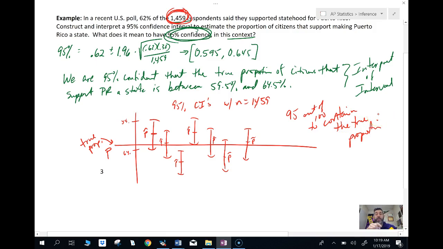And that's essentially what 95% confidence means. When I'm talking about 95% confidence, I'm talking about how 95% of the intervals that I create of this sample size should contain the true proportion. At least that's what I expect.